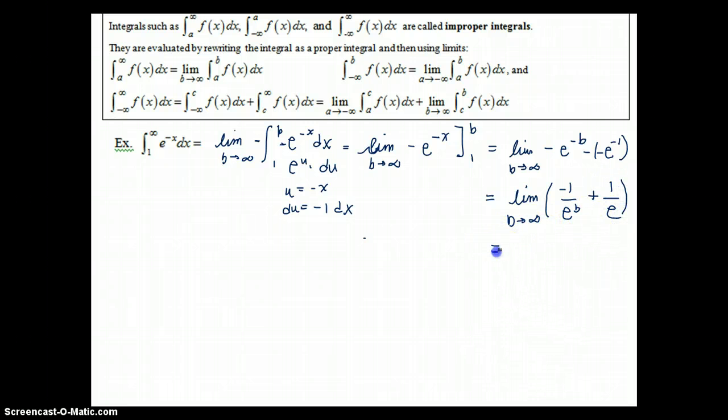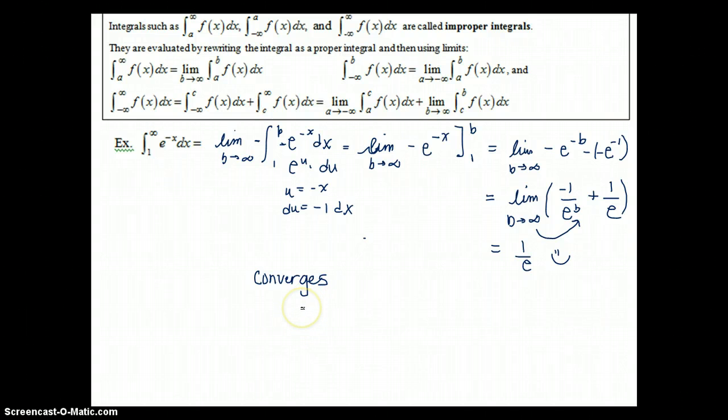Now, if we think about what's happening as b gets really large, this denominator is going to get really, really large, which is going to allow this fraction to go to 0, which allows our limit to go to 1 over e. So if we have a limit that exists for this improper integral, then we have a convergent improper integral.